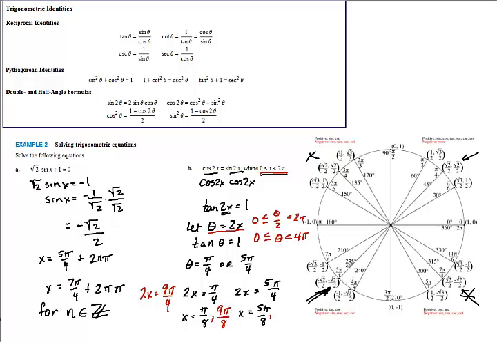This guy here going another round would be 2x equals, add that 8 pi over 4, it would be 13 pi over 4, giving me, dividing both sides by 2, 13 pi over 8. So because of that 2x in that tangent, it's going to double my number of answers, or it could possibly double my number of answers.